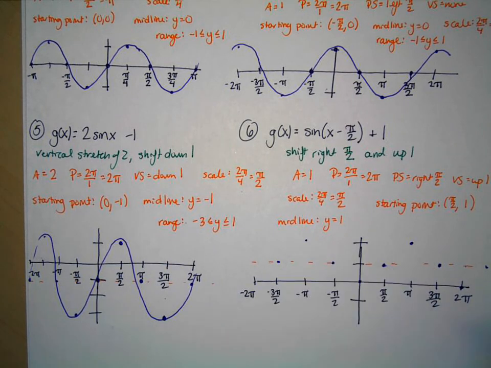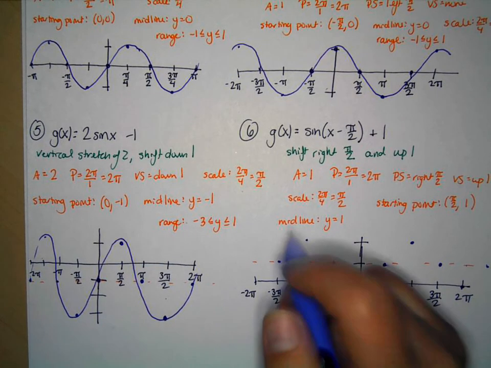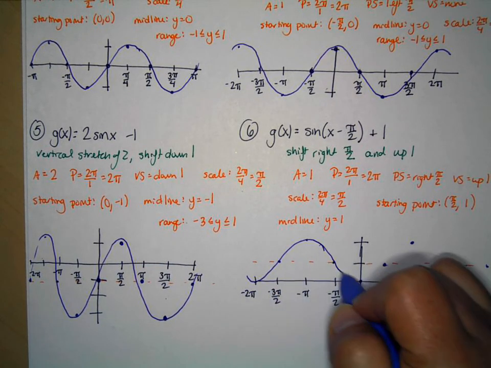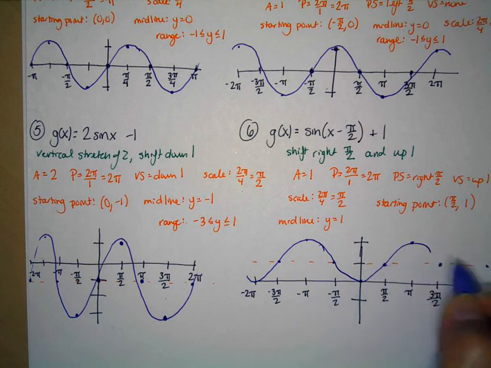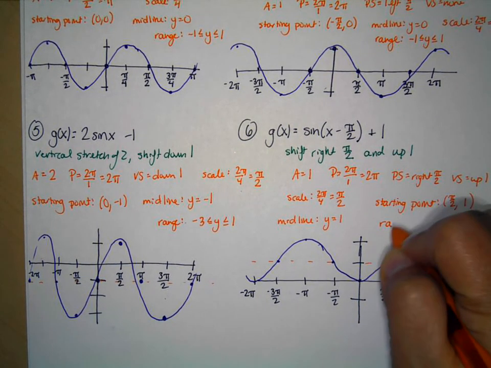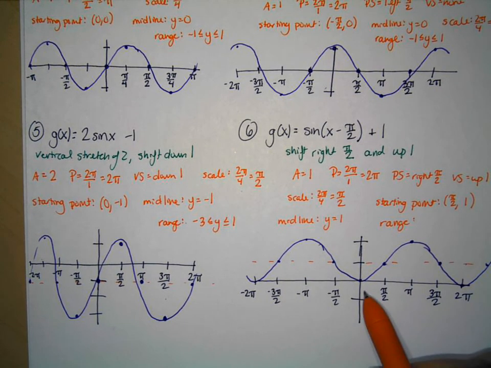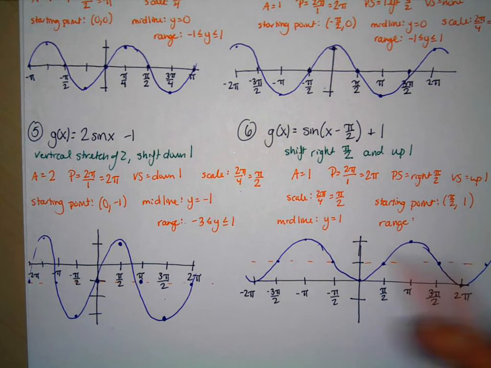We try to show at least 2 complete periods on these trigonometric functions. So this time we have y values that are in between 0 and 2.